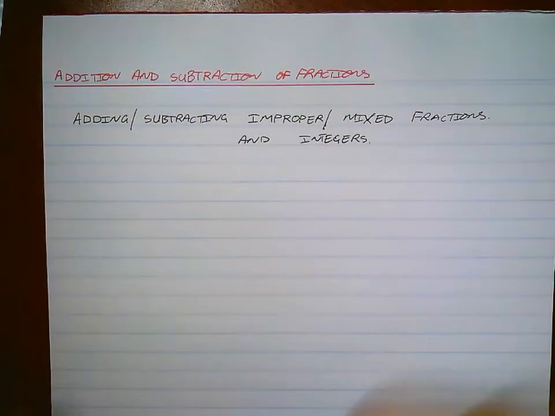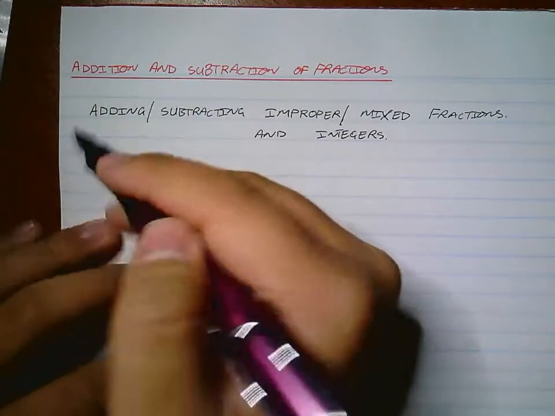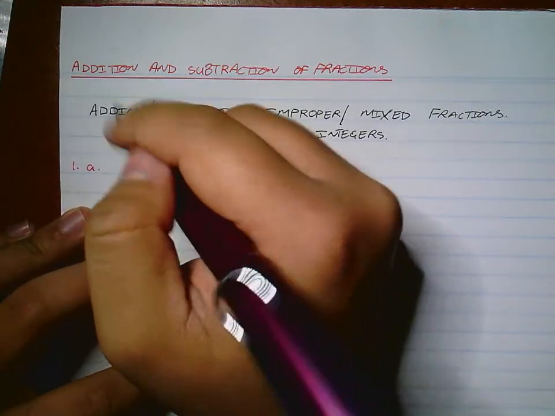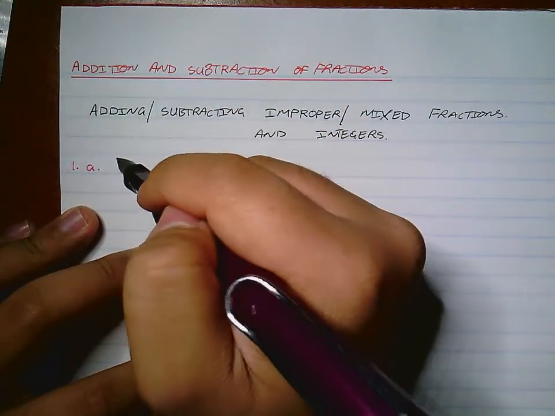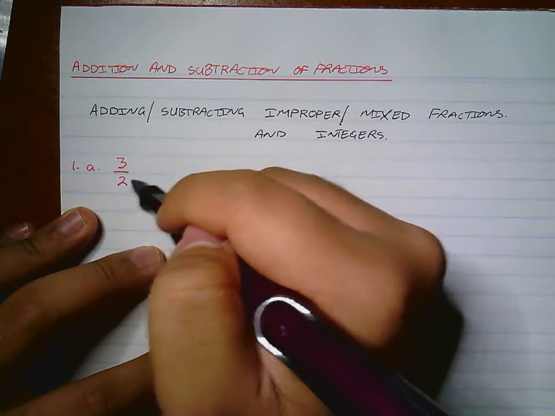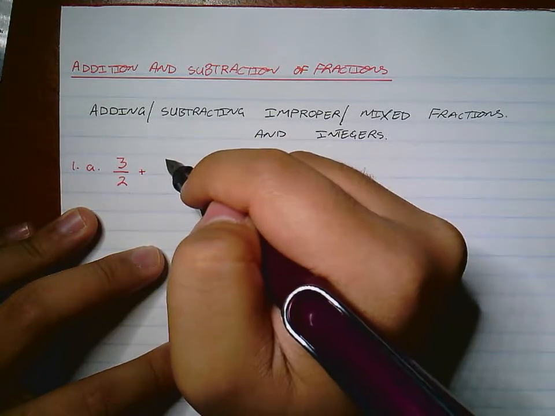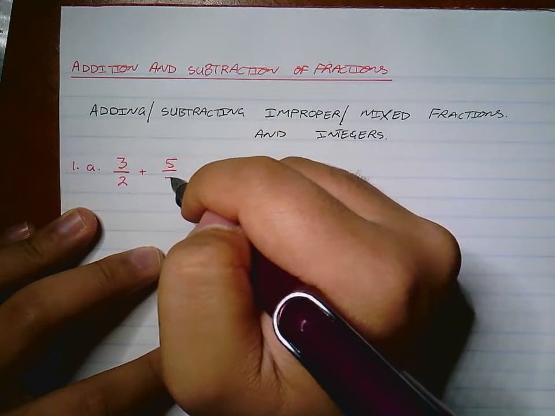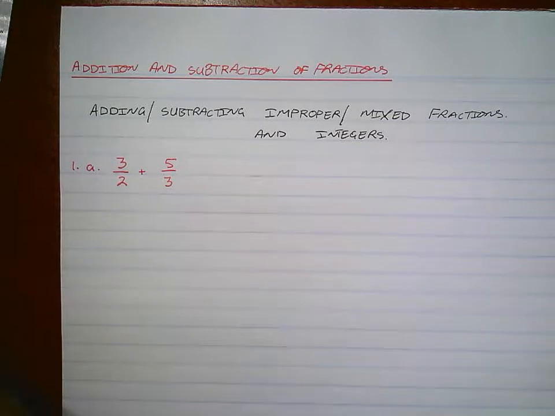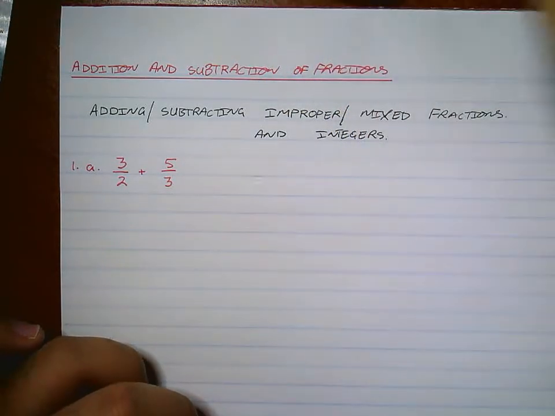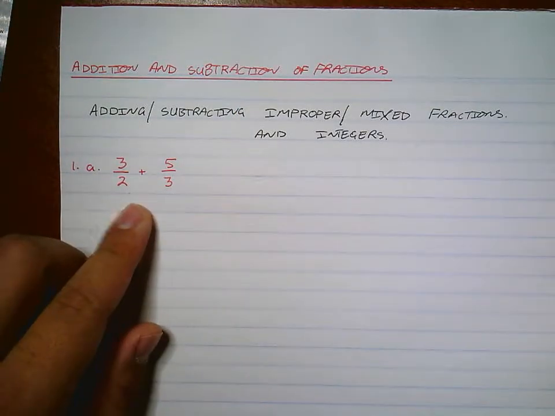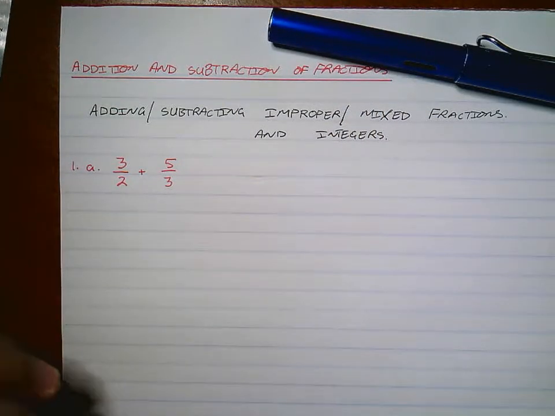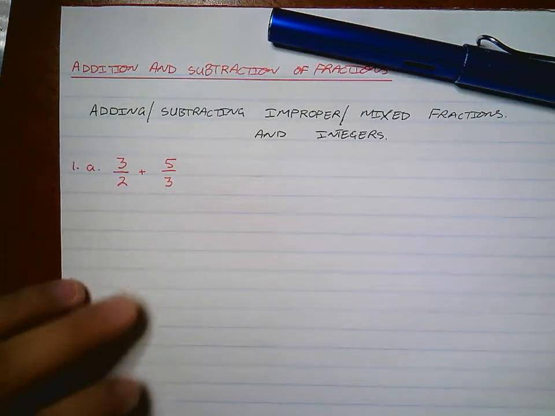So let's take a look first at improper fractions. 1a. Let's say we have two improper fractions: 3 over 2 plus 5 over 3. Just as we did with regular fractions, we still need the lowest common multiple between 2 and 3.